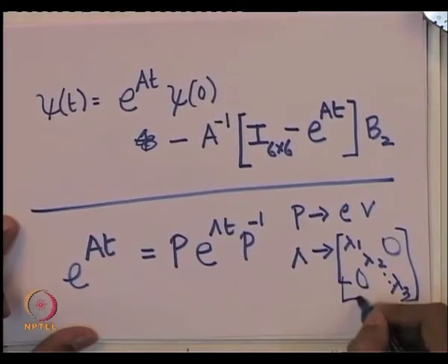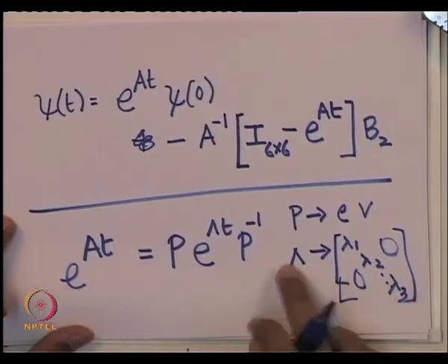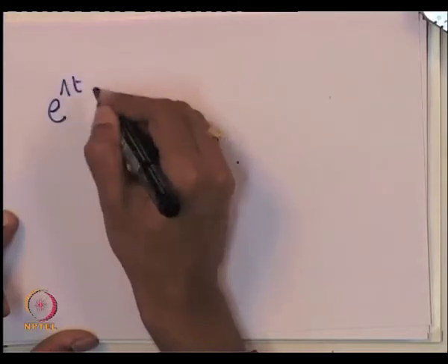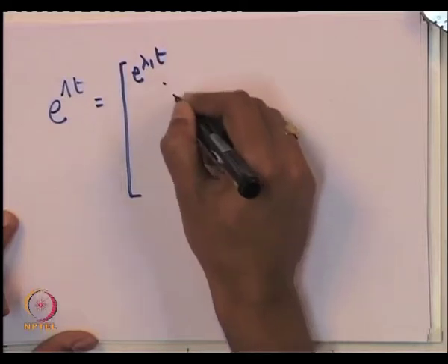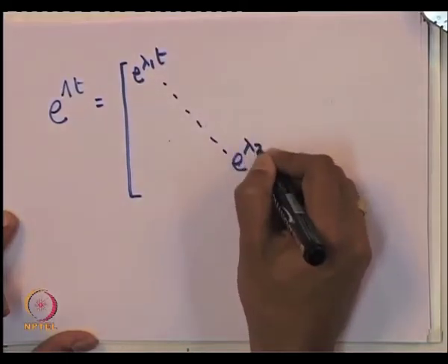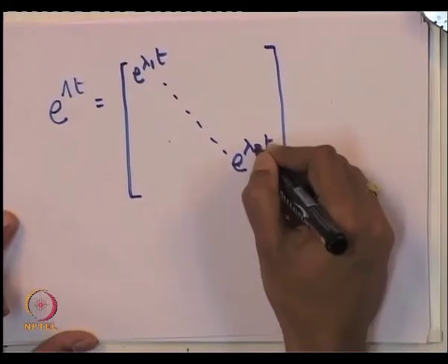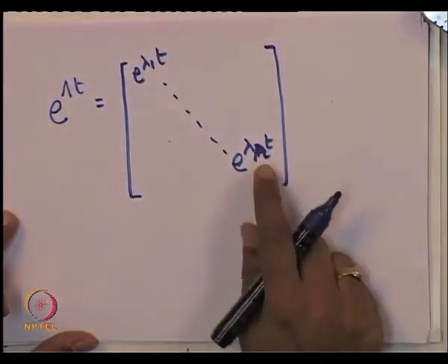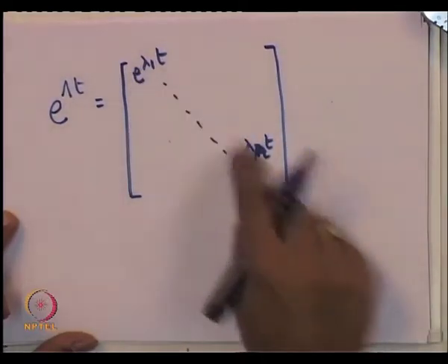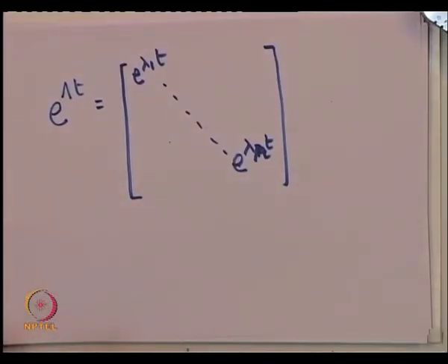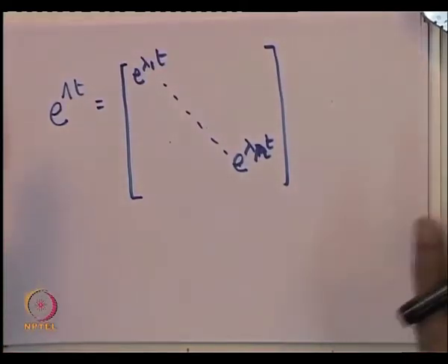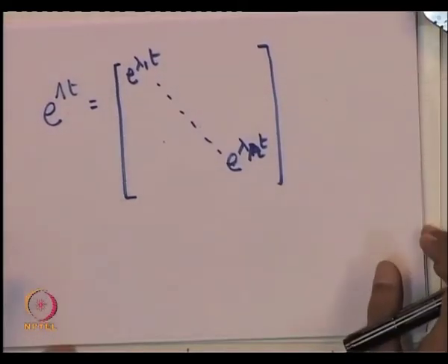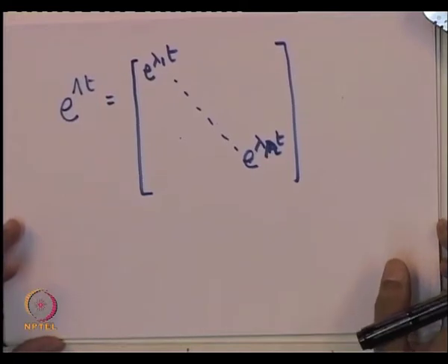So, e raised to lambda t is nothing but e raised to lambda 1 t up to lambda n t, supposing the n eigenvalues of an n by n matrix. Of course, I am assuming here that the matrix A is diagonalizable.